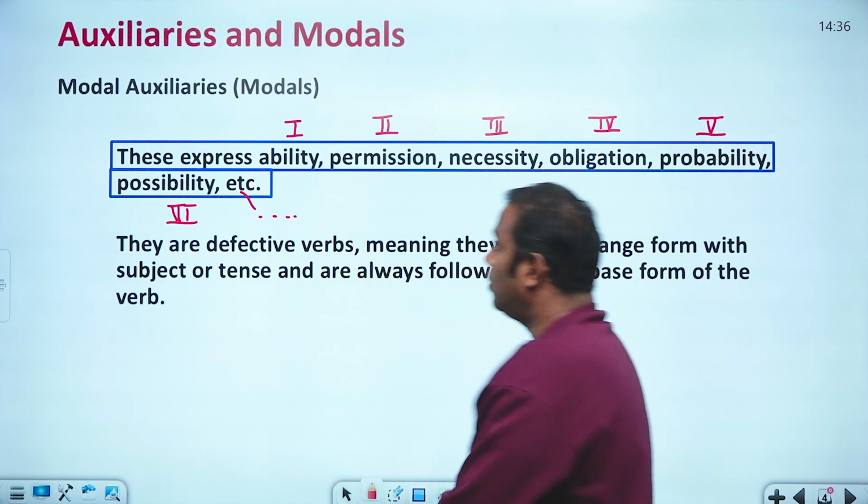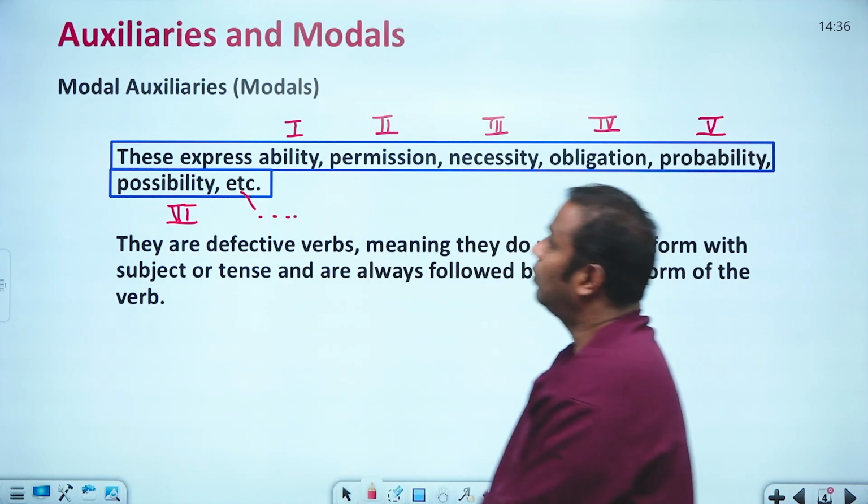So what are these modals? Modals are also called defective verbs. Why are they called defective verbs? Because they do not change their form. They stay in the same form. If you look at the primary verbs, be is the verb. For I, I have to use am.